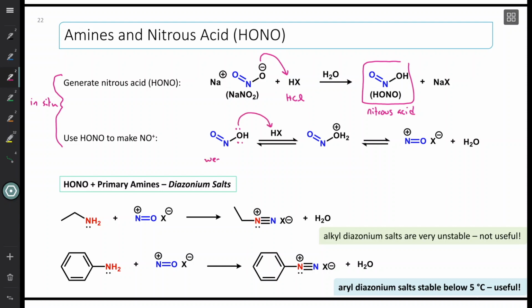It is a weak acid. And it becomes protonated, and here it basically forms this water leaving group, which comes off, and now these are all reversible, and then you form the nitrosonium ion.